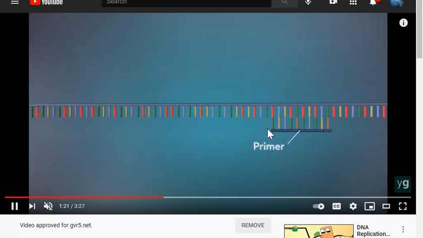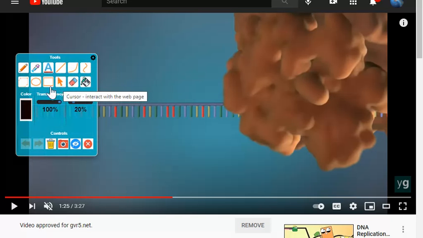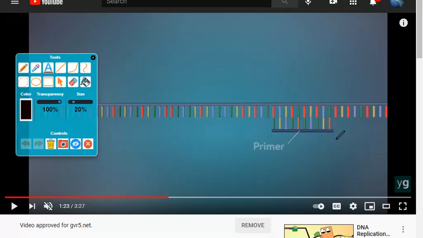Now, at the end of this primer, we have a nucleotide that has a 3' end. Notice this primer was attached. This nucleotide went on first, and then this one, and this one, and this one. So it was made in this direction.